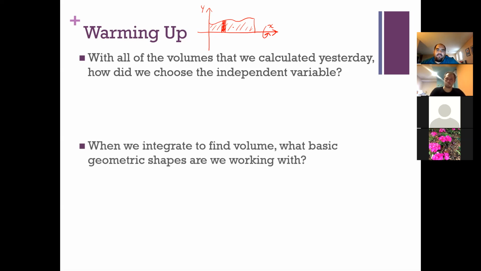So if I'm going to rotate around the x-axis, and remember this method we did yesterday is called the disk method, the only real way to generate a cylindrical disk is to have these dx intervals, because when I wrap those around the x-axis, that is going to give me that cylindrical disk.